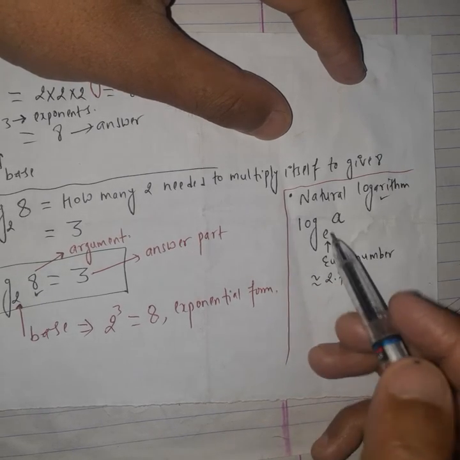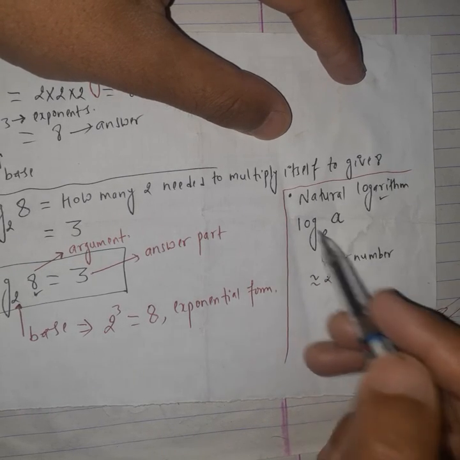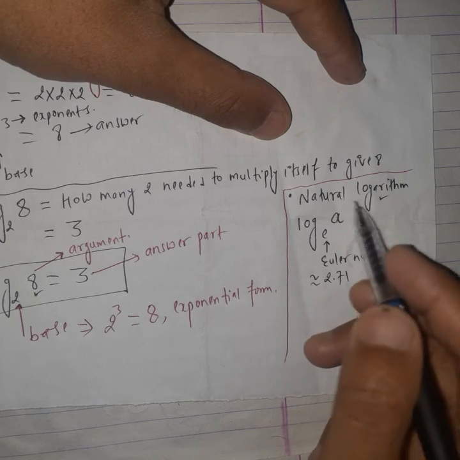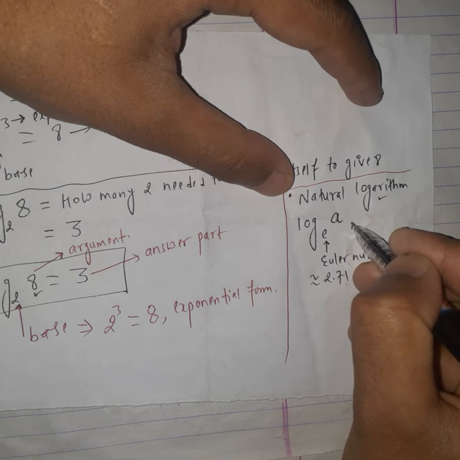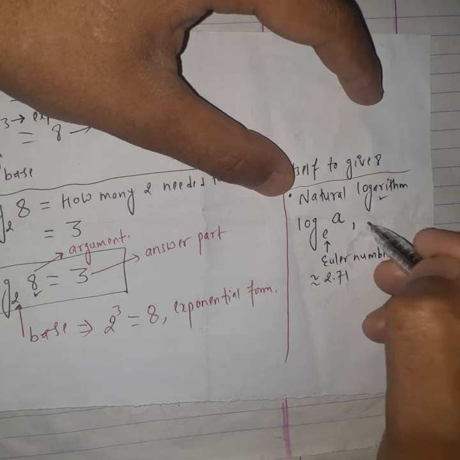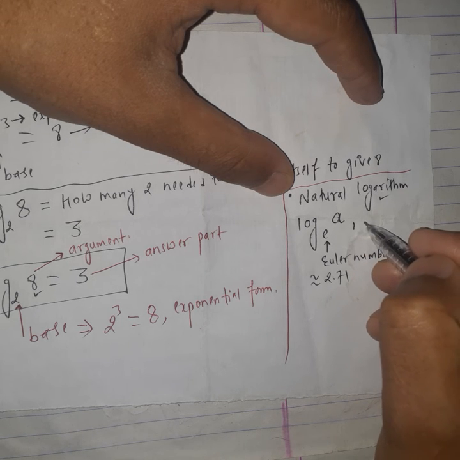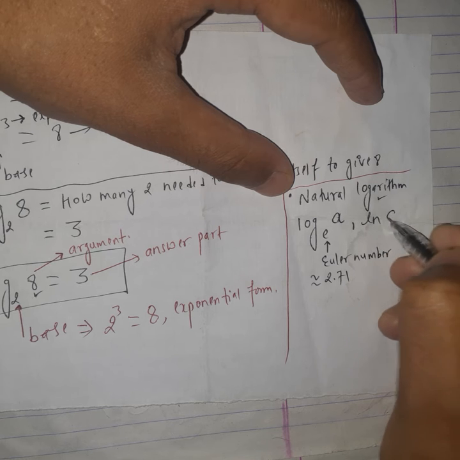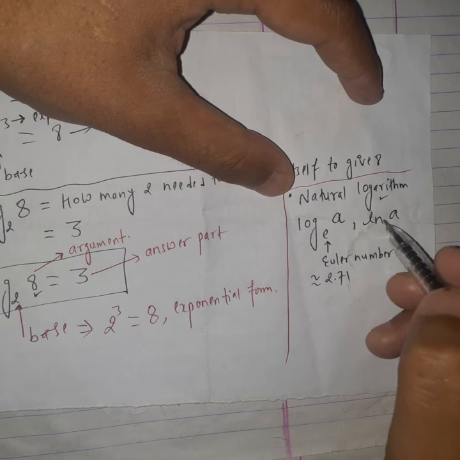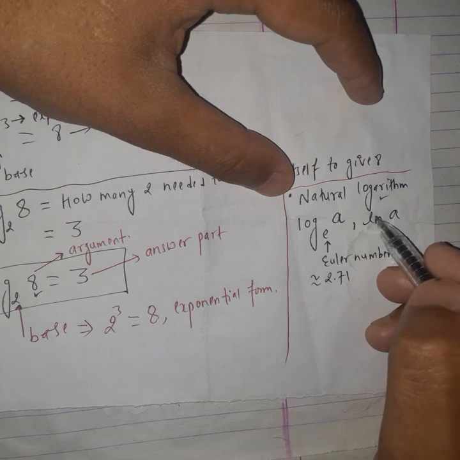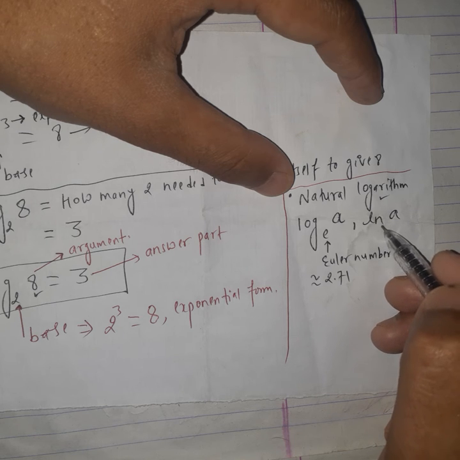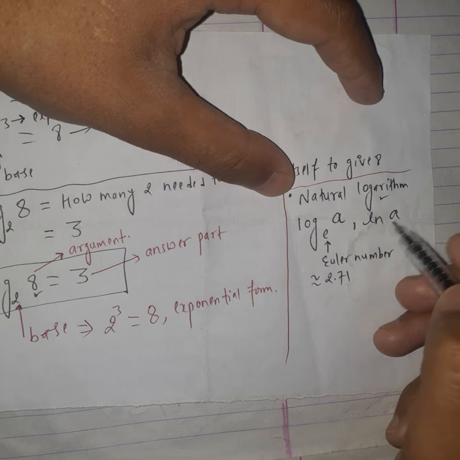The natural logarithm is also denoted by ln of a. If we write ln of a, it is the natural logarithm of a, with the hidden base, the Euler number.